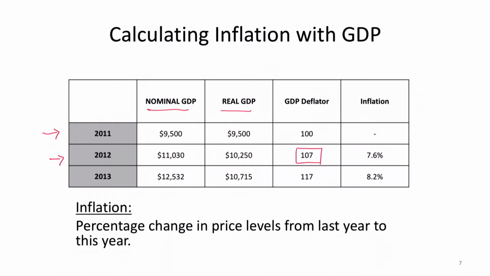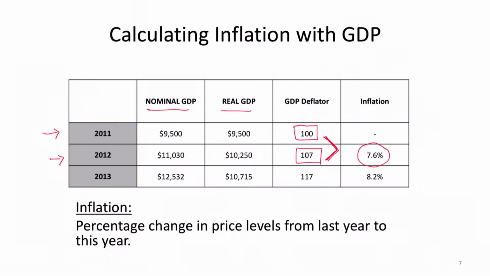So when we look at the change from 2011 to 2012 in the GDP deflator, the percentage change gives us a change in the price index of 7.6%. So this tells us that prices in our economy, based on real and nominal GDP differences, have risen by 7.6%.